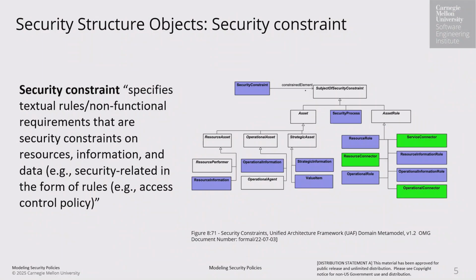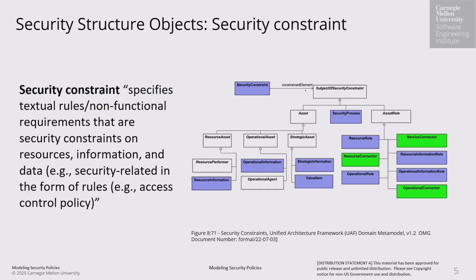UAF specifications in the security viewpoints offer several very promising objects that can help us model security policies. The first one that comes to mind is security constraint. And you could see the definition that we borrowed from the UAF specifications version 1.2.